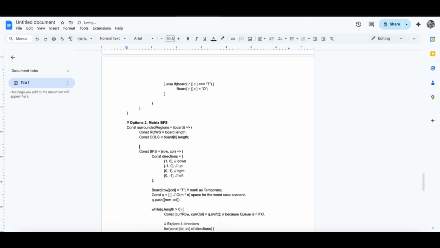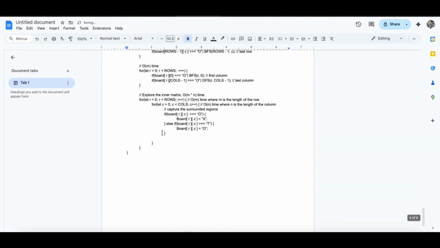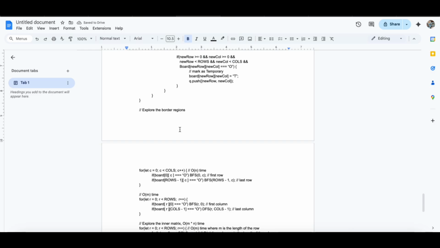This will also be O(m multiplied by n) time. So matrix BFS is O(m multiplied by n) time, O(m multiplied by n) space. I think that's all.